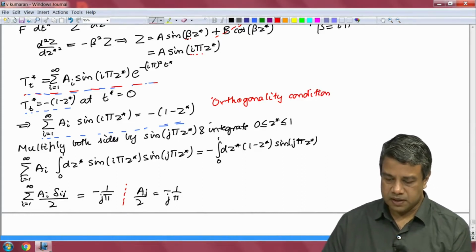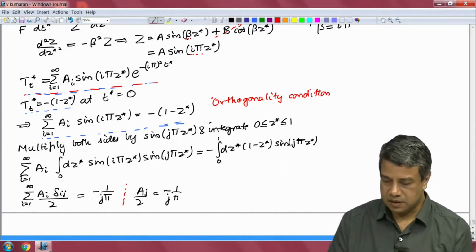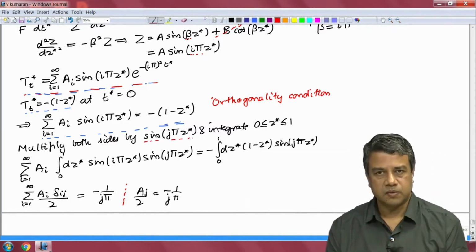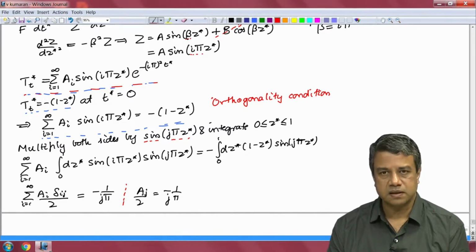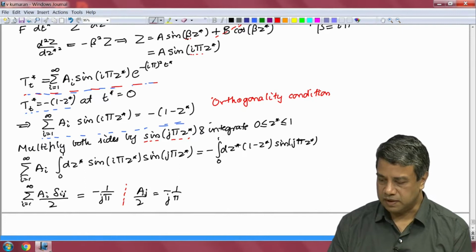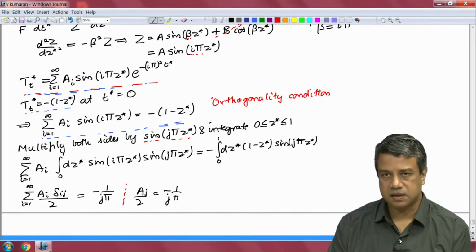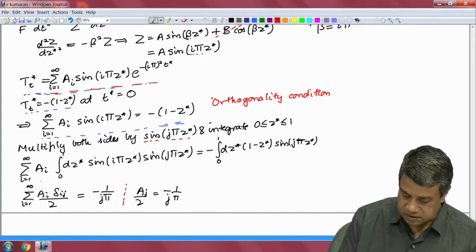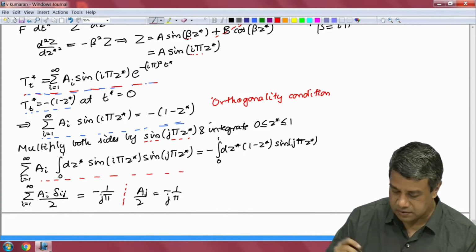That is, if I multiply both sides by sine of j pi z, where j is also an integer, and integrate over 0 less than or equal to z less than or equal to 1, then we saw in the last lecture that the left side is non-zero only when I is equal to j.